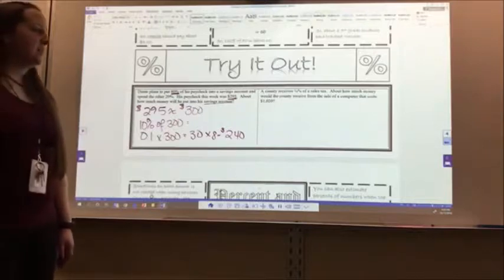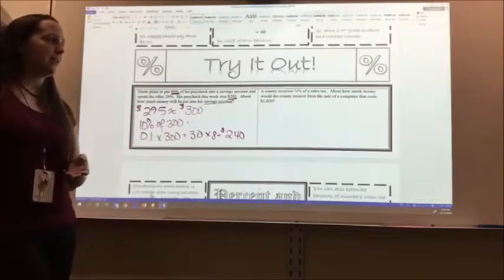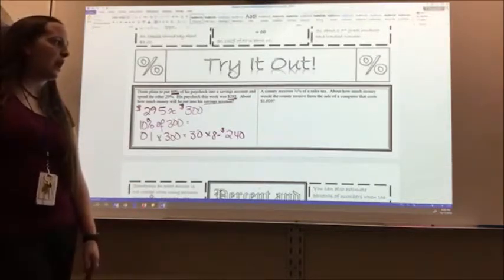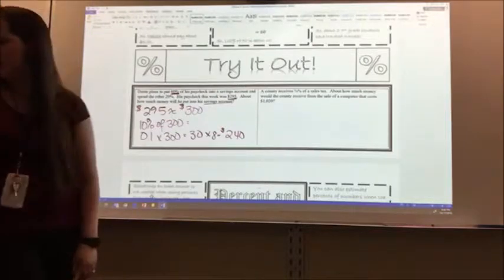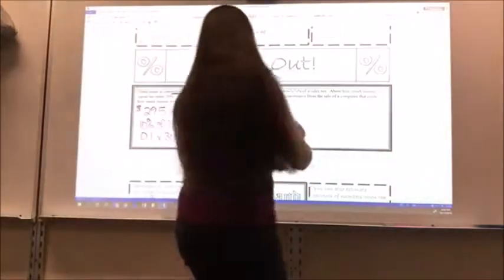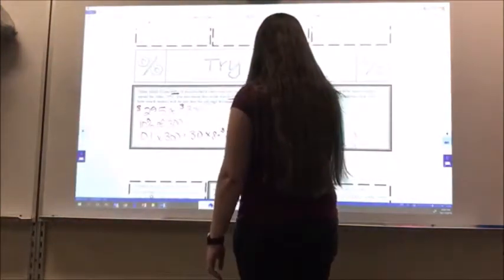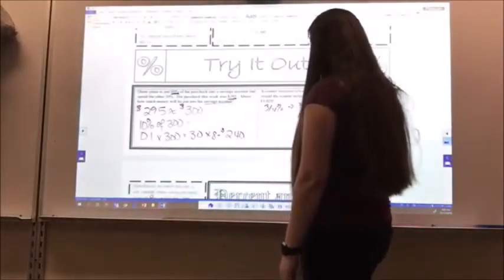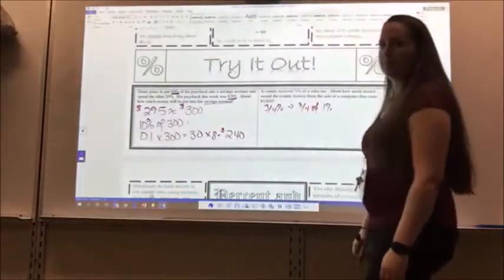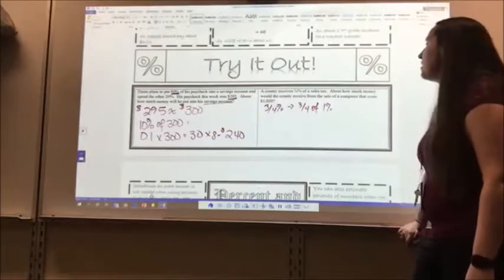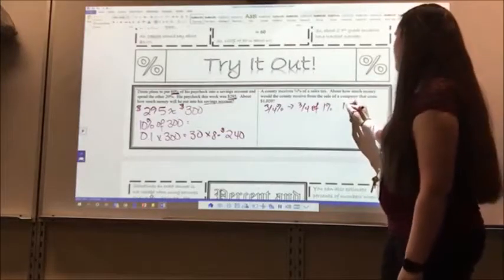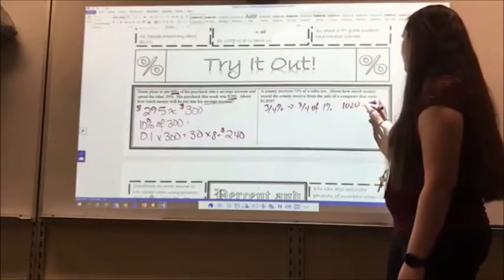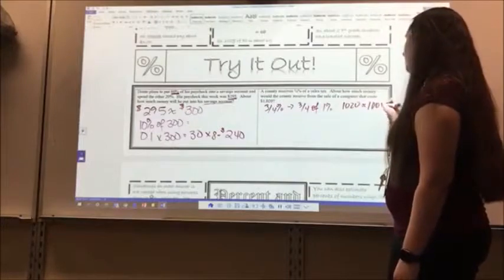A county receives 0.75% of a sales tax. About how much money would the county receive for the sale of a computer that cost $1,020? So the first thing I want to recognize is 3/4% is really 3/4 of 1%. I want to change 1,020 to 1,000.